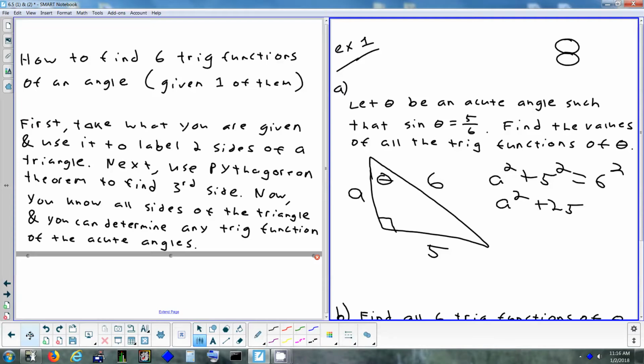Okay, go ahead and square everything that you need to. So we get a squared would equal how much? How about Josh? What would a squared be?